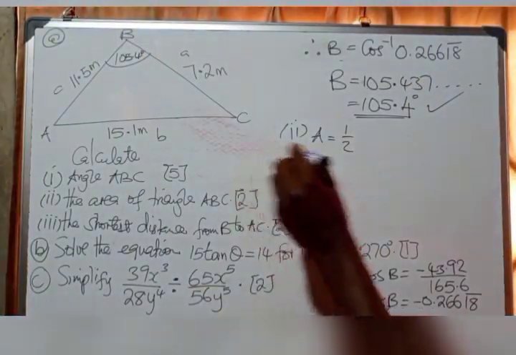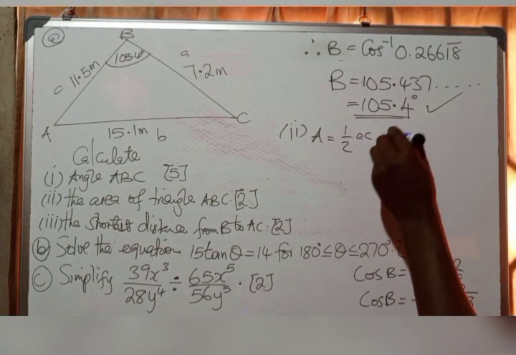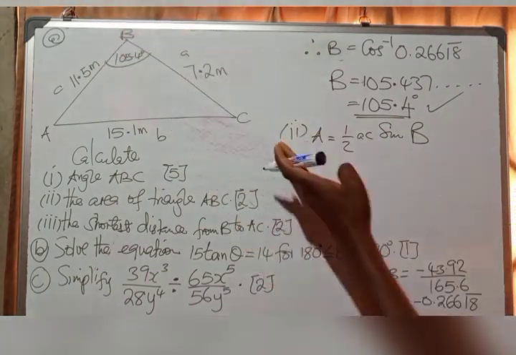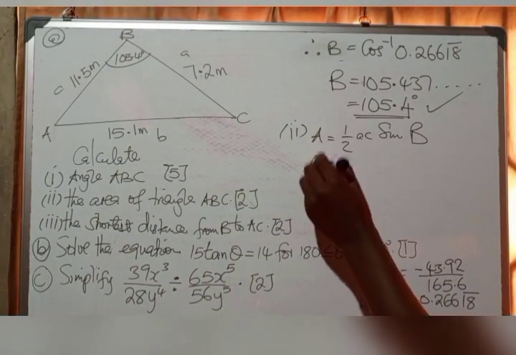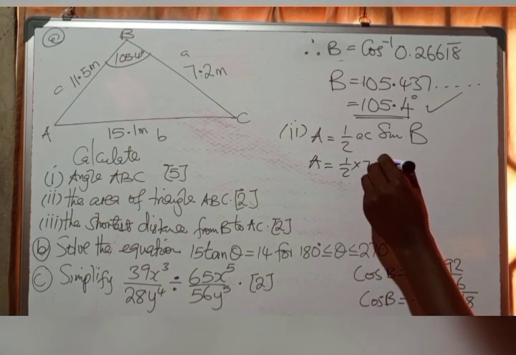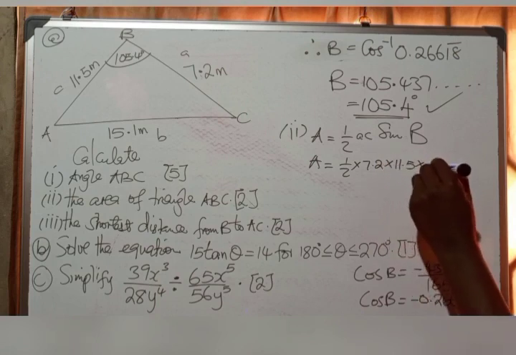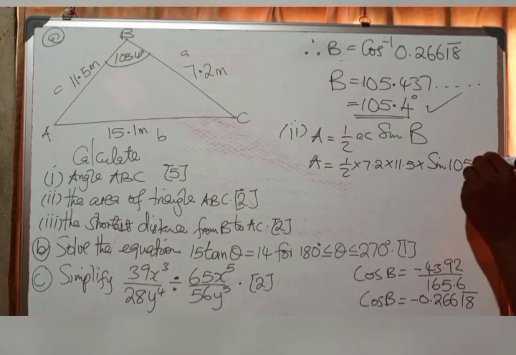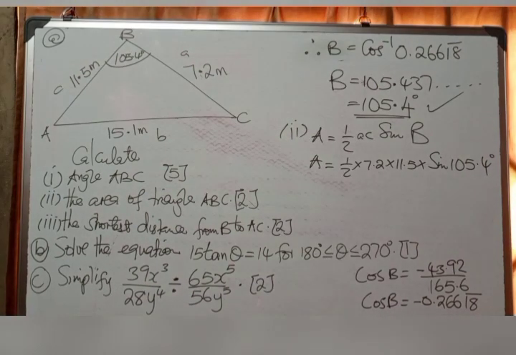So area is equal to 1/2 AC sine B. We take these two sides, then sine B. So our area will be 1/2 multiplied by our A, 7.2, multiplied by our C, 11.5, multiplied by sine B, which is the angle we have just found.